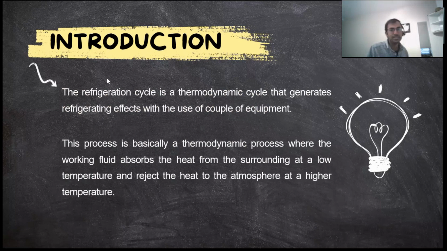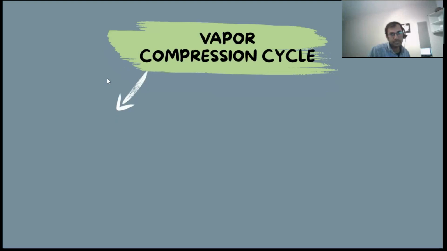This process is basically a thermodynamic process where the working fluid absorbs heat from the surroundings at a low temperature and rejects the heat to the atmosphere at a higher temperature. So in the vapor compression cycle, the main thing is compression.